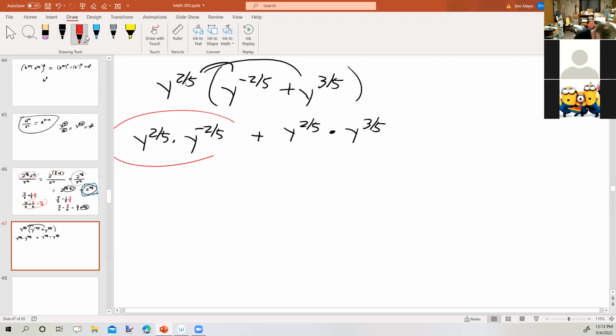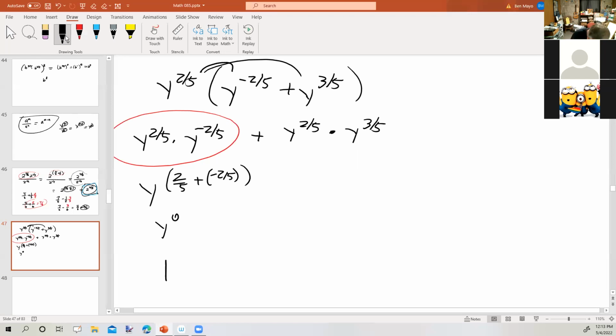Let's deal with this. We're multiplying two powers with the same base. So we're going to add the exponents. We're going to get y to the 2/5 plus negative 2/5, which is y to the 0 power. Do you remember what something other than 0 raised to the 0 power is? 1.